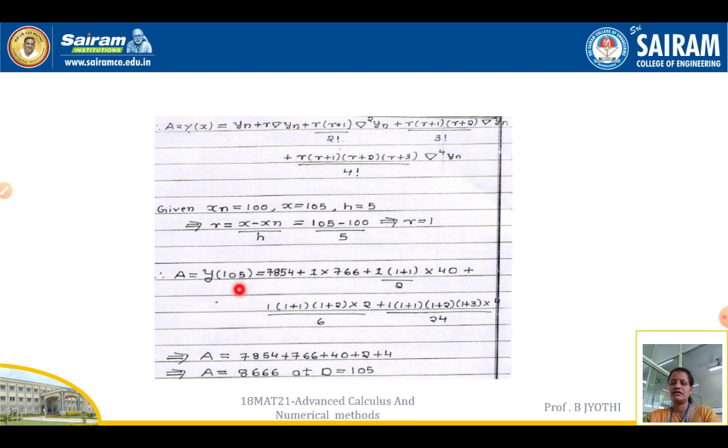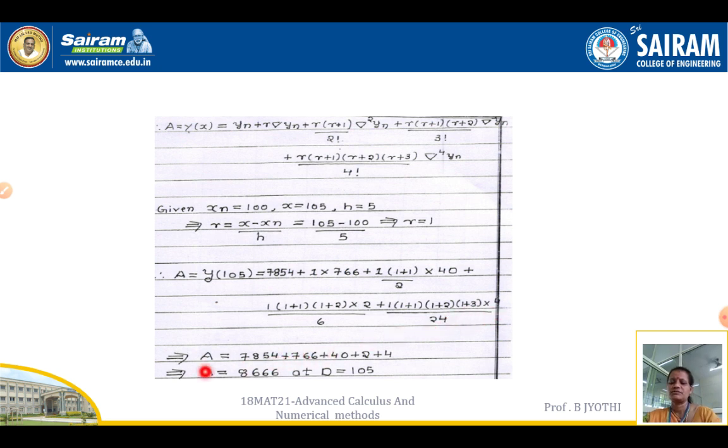Now we need to calculate y of 105. That gives us 7854 plus 1 into 766 plus 1 into 1 plus 1 into 40 by 2 plus 1 into 1 plus 1 into 1 plus 2 into 2 divided by 6 plus 1 into 1 plus 1 into 1 plus 2 into 1 plus 3 into 4 divided by 24.